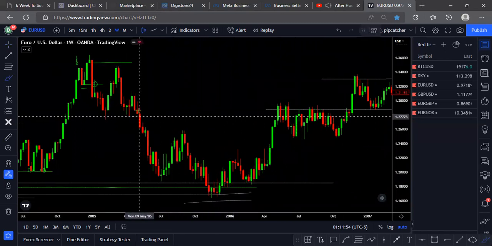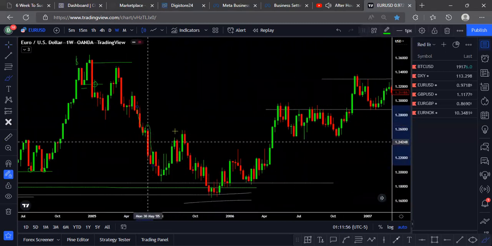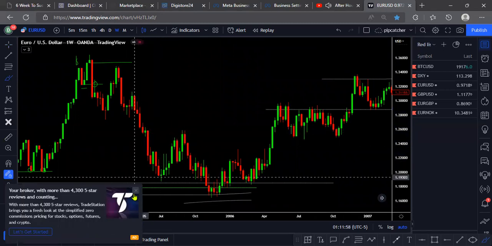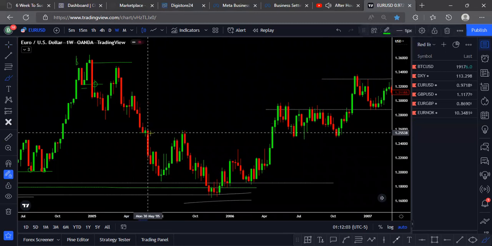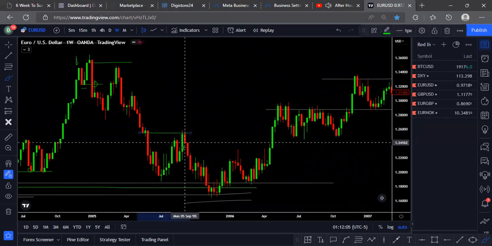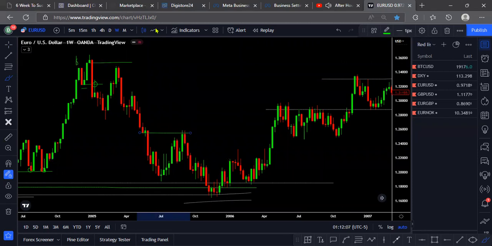Once again, here we have a drop base drop, right? I used to use these setups all the time. I don't really look at them too much anymore. But a lot of them can be highly profitable.